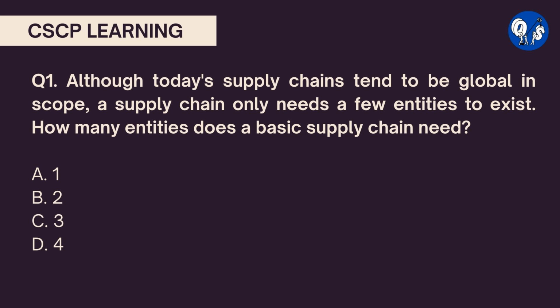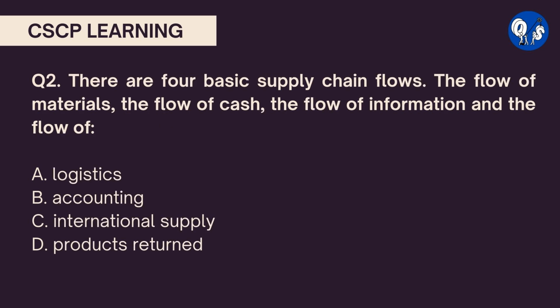Now let's move on to question number 2. There are four basic supply chain flows: the flow of material, the flow of cash, the flow of information, and the flow of A. Logistics, B. Accounting, C. International supply, D. Products return. The correct answer is D, that is products return.